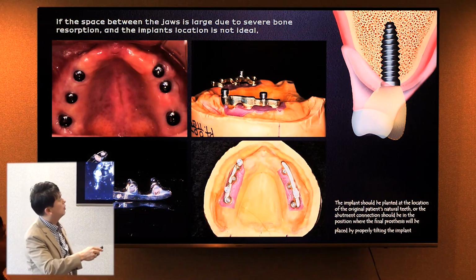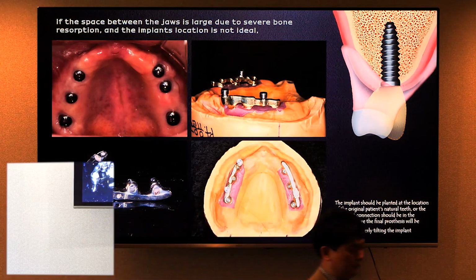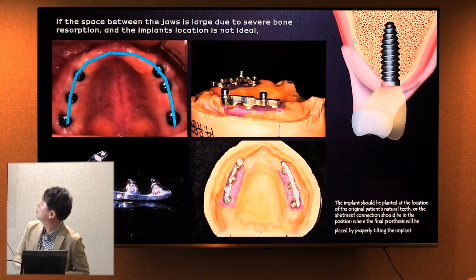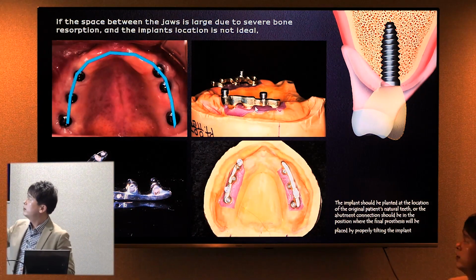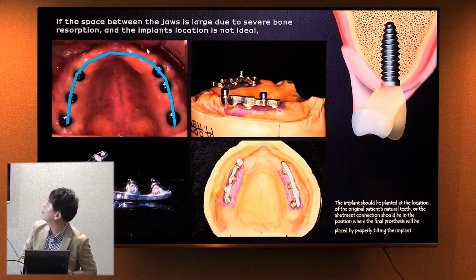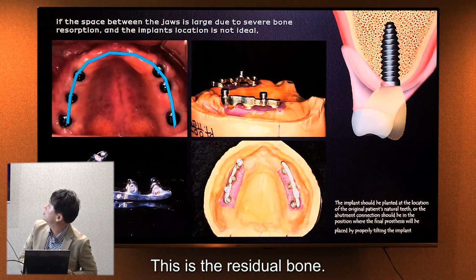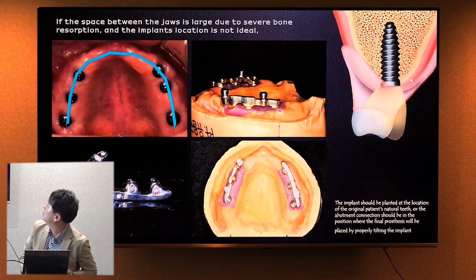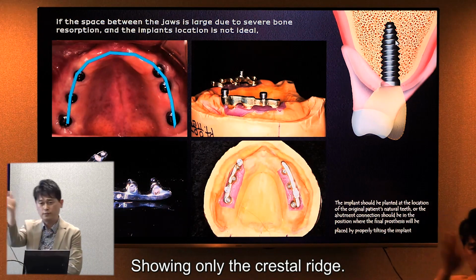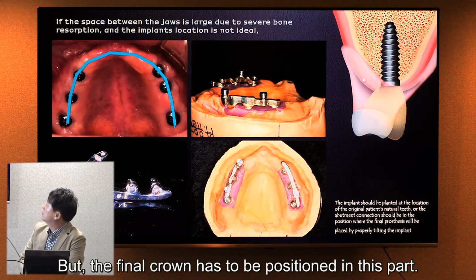The oral surgeon... This is residual bone. And the surgeon inserted the implant like this, showing only the crestal ridge. But the final crown has to be positioned in this part.